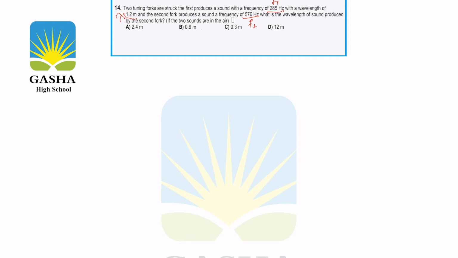What will be the wavelength of the sound produced by the second one? So lambda 2 is unknown. But here we have a good note, which says that the 2 sounds are in the air. When the medium doesn't change, the speed is constant. So for the frequency, we can say that the frequency for the first tuning fork is equal to the frequency of the next one.